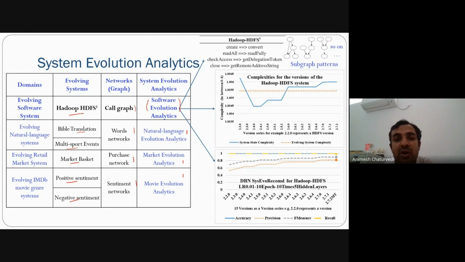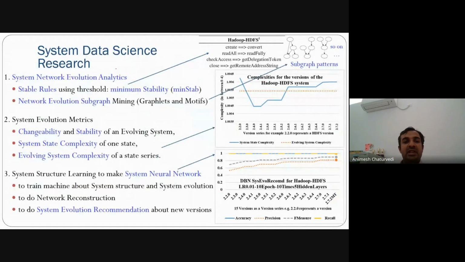In software evolution analytics, there are three types of results: rules I have generated, subgraph patterns I have generated, then complexity of 15 versions aggregated for Hadoop that I have studied. Then there's prediction of the future version, how the future version looks, which was not used for training in the deep learning, so that deep learning can predict future versions. This type of result I have identified.